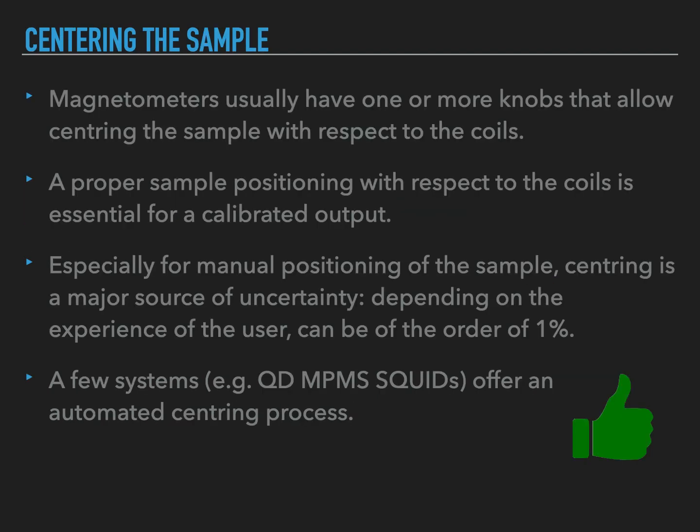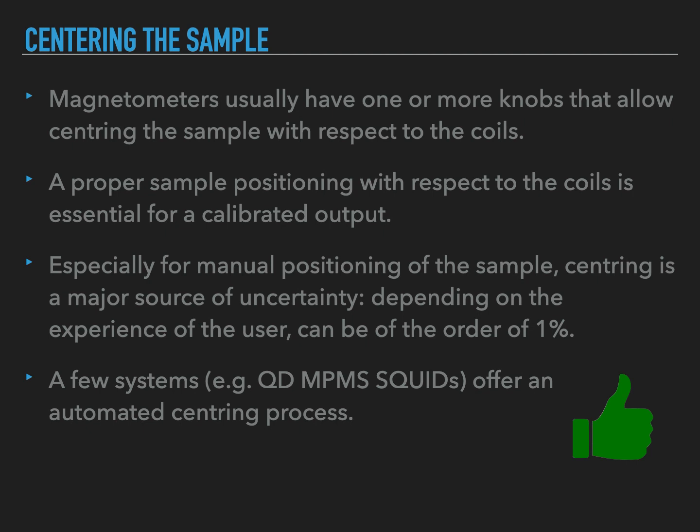In the beginning, we discussed that with these magnetometers it is important to put the sample in the correct position at the center of the magnet, and also with respect to the coils that are used to pick up the signal.